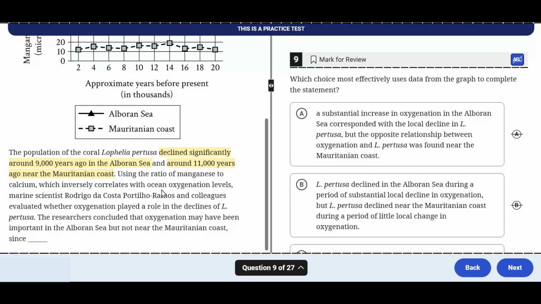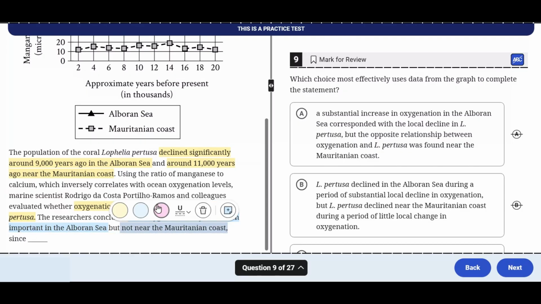Use the ratio of manganese to calcium, which inversely correlates with ocean oxygenation levels, marine scientist Rodrigo da Costa Portillo Ramos and colleagues evaluated whether oxygenation played a role in the decline of El Portusa. Again, the researchers conclude that oxygenation may have been important in the Albertan Sea, but not near the Mauritian coast.